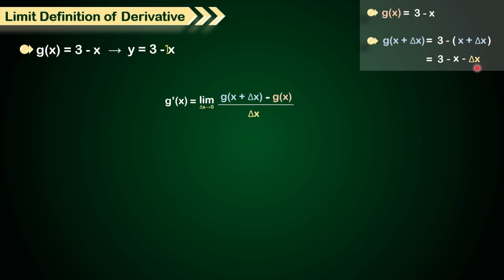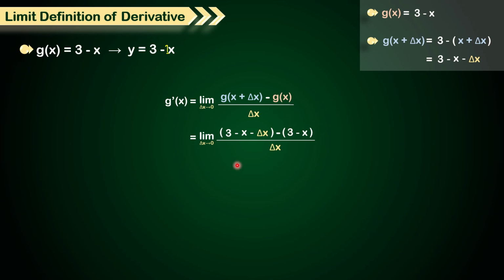Substitute g of x plus delta x and g of x. Limit of g of x plus delta x, which is 3 minus x minus delta x, minus g of x, which is 3 minus x, all over delta x as delta x approaches 0. Remove grouping symbols.